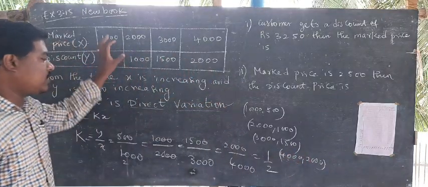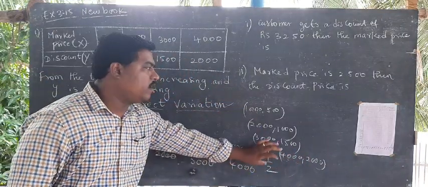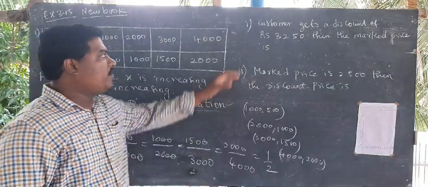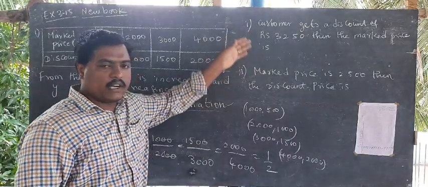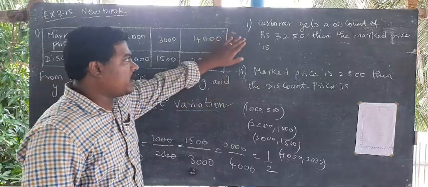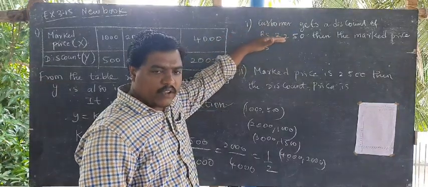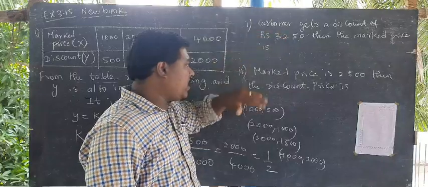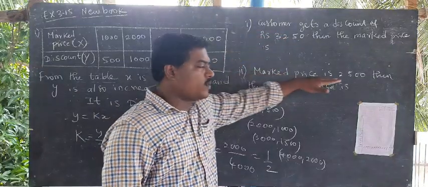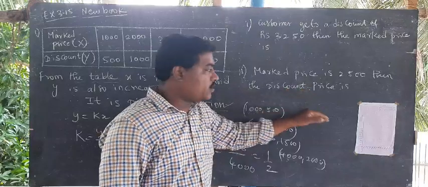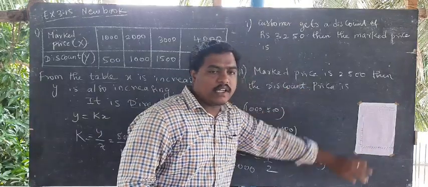Using these coordinate values we have to plot the graph and give the result for the subdivisions. One is that the customer gets the discount of 3250, and then market price 2500 means what is the discount? That we have to show in the graph.